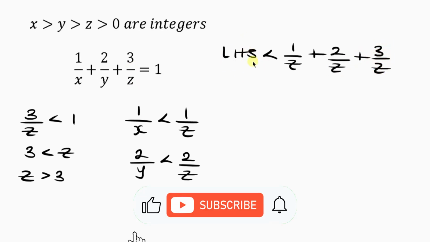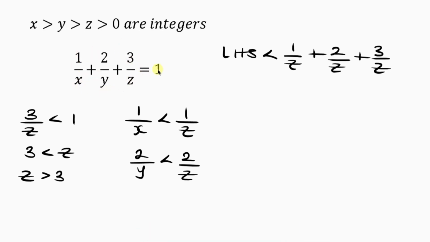The left-hand side, as the question said, is equal to 1. So I'm going to be putting 1 here to be less than, solving this fraction, 6 over z. So let's cross multiply one more time. Cross multiplying gives z to be less than 6.